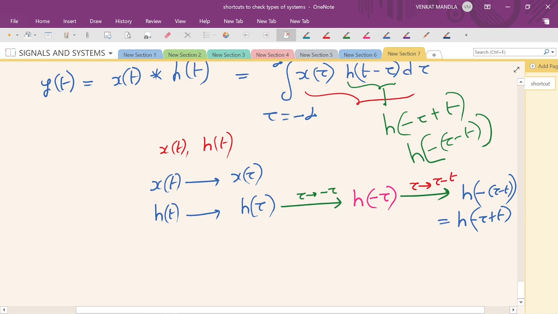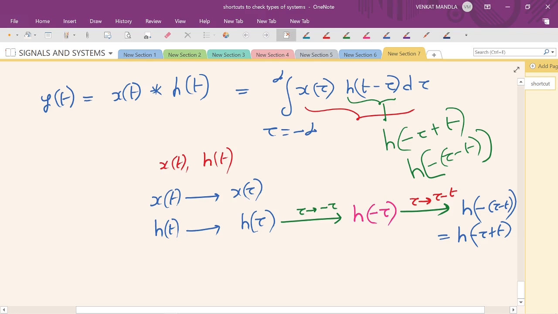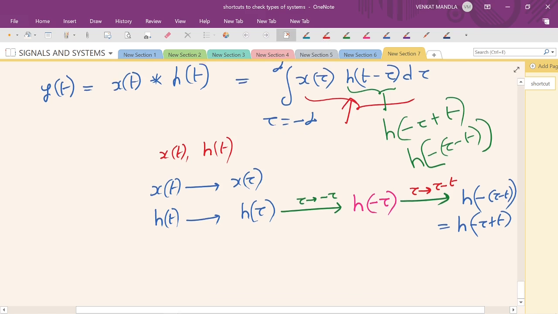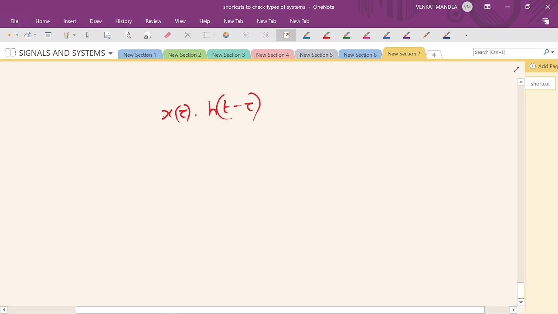After getting these two signals, x of tau and h of t minus tau, or h of minus tau plus t, I am doing multiplication: x of tau into h of t minus tau. Next I will multiply these two, and then I will integrate.